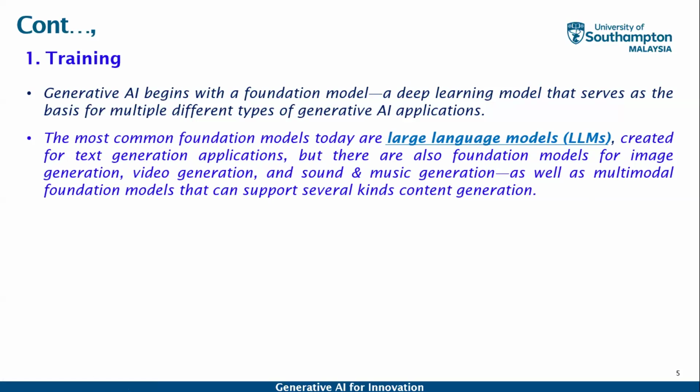But there are also foundation models for image generation, video generation, sound, music, art. If you want to make some art, that also you can take, or some ancient big monument pictures also you can take, and from that the articulation can be taken. Sketches can also be taken, which can support several kinds of content generation that we know.